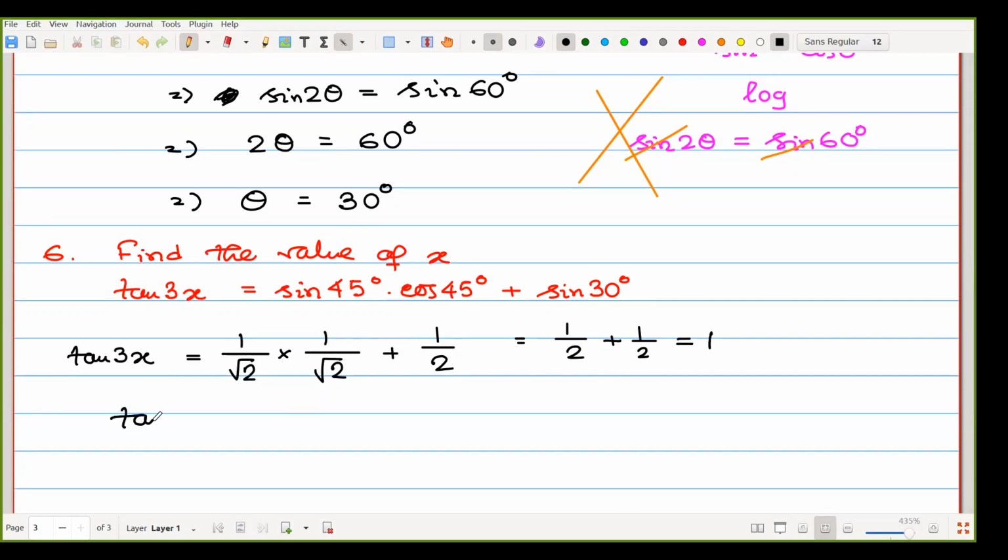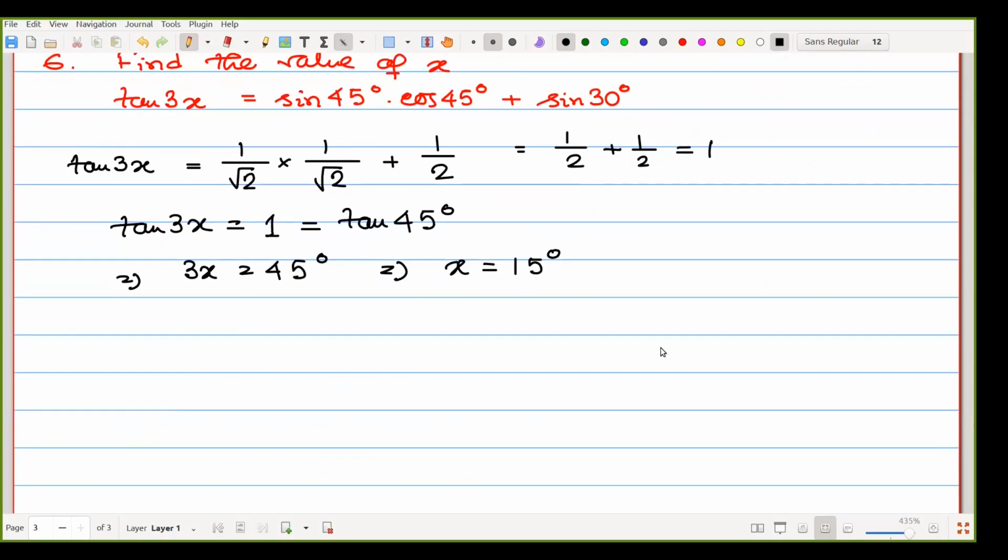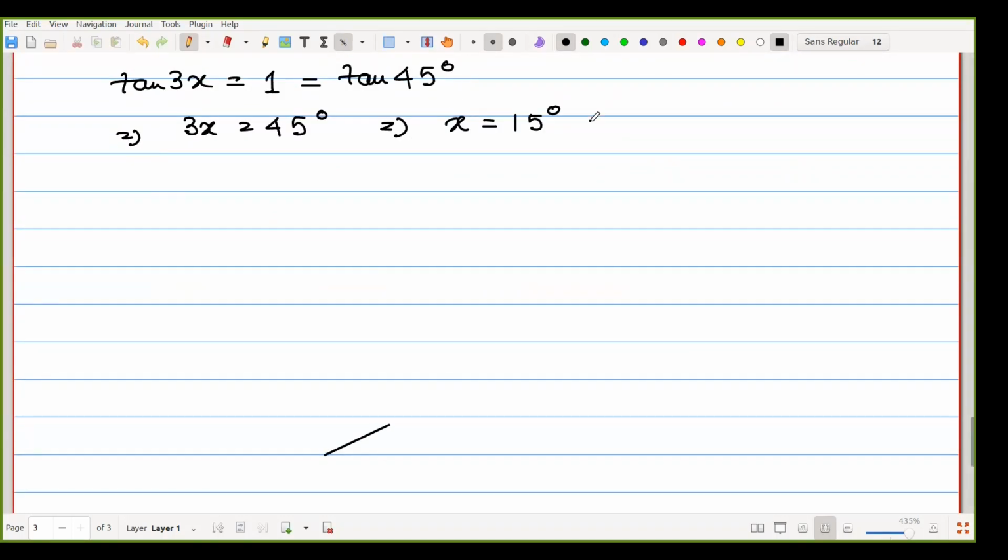That means tan 3x is equal to 1, and that is only possible when we have tan 45 degree. So we have 3x is equal to 45 degree, or we can say x is equal to 15 degree. Suppose the next problem.